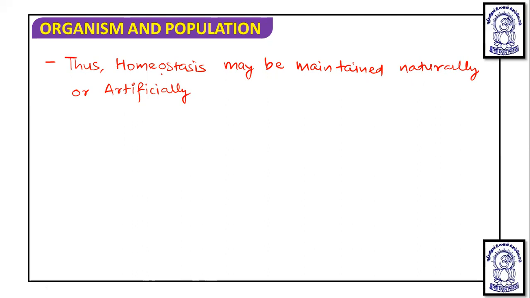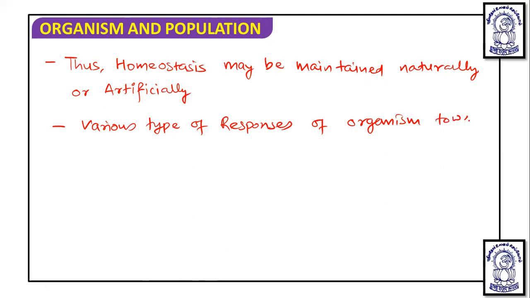And there appear various possibilities of responses of organisms towards the fluctuating environment. Various types of responses of organisms occur towards fluctuating environmental conditions.